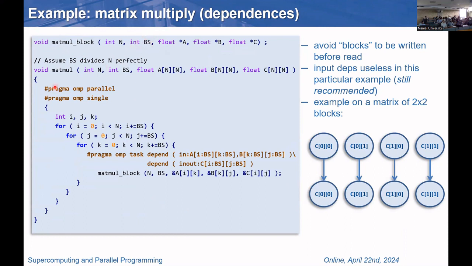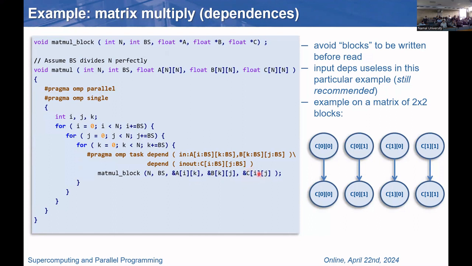And you implement matmul, assuming that BS divides n perfectly, on these three variables, A, B, and C. You do parallel single, and then you do the three typical loops of the matrix multiplication, and then you do task depend in the block of A and the block of B, and then inout the block of C. And you do matmul block with the proper values here, and then you pass this function the current block of A, the current block of B, and the current block of C.